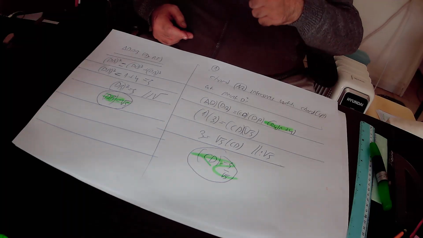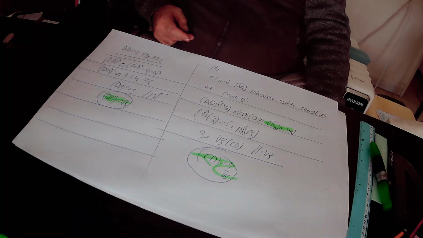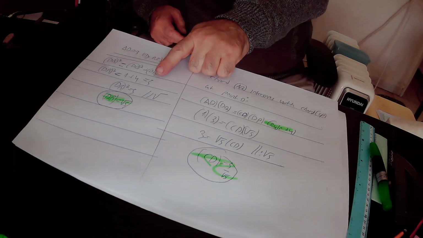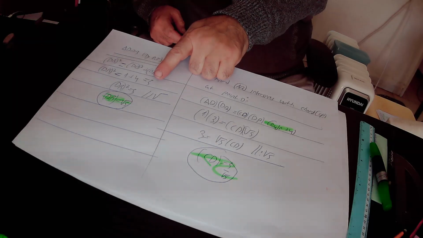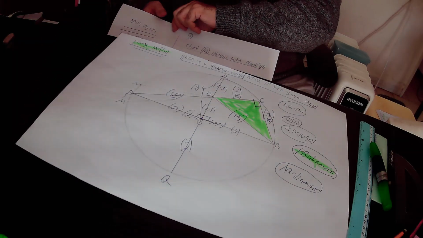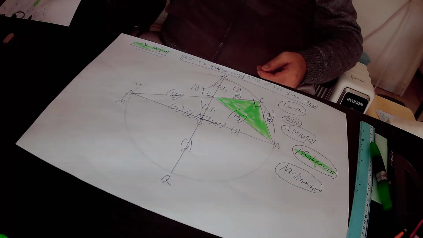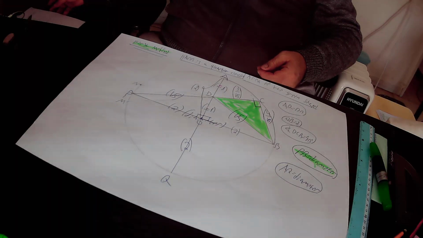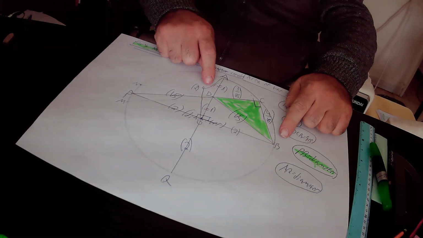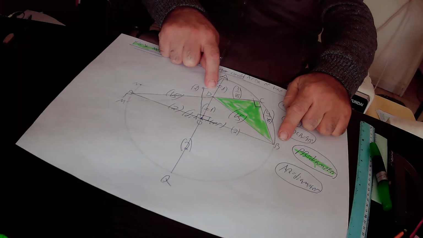So DB squared equals 5. To solve the equation, we take the square root, so DB equals the square root of 5 units. This is the missing hypotenuse DB that equals the square root of 5 units.